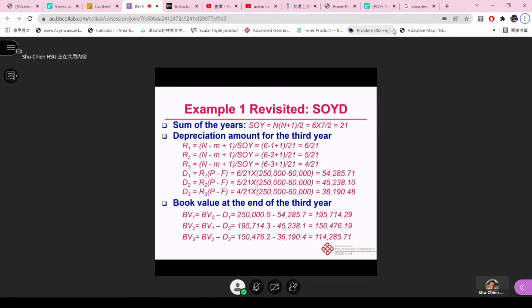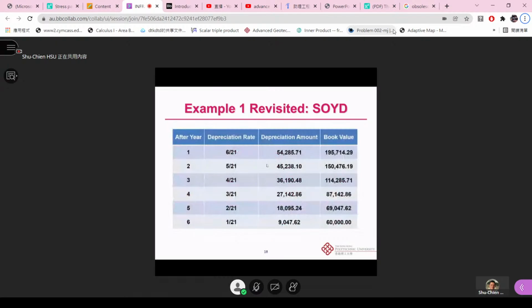So it depreciates very fast in the beginning, but much lower in the coming years. If we depreciate like this, we have a lower depreciation amount later on.